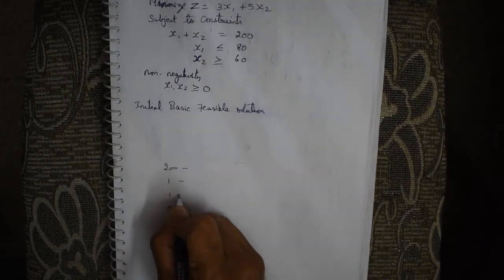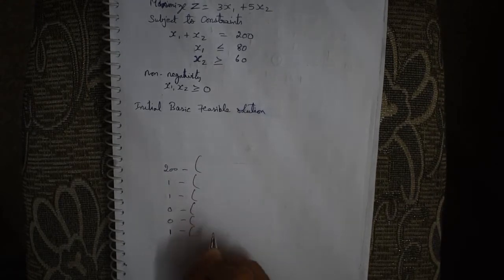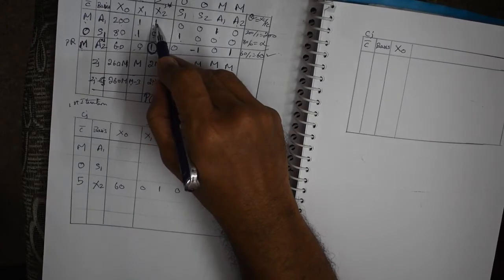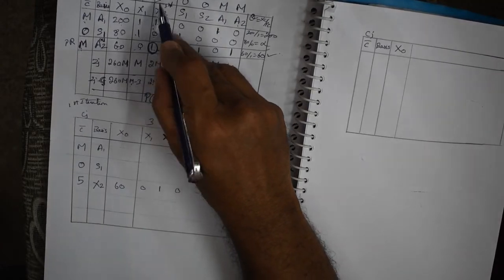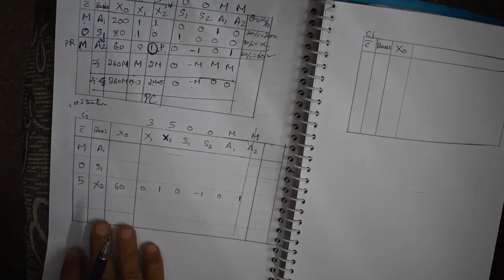These are the old values, minus PC by P. For this row, PC value is 1, divided by the pivot 1, so PC by P is 1.